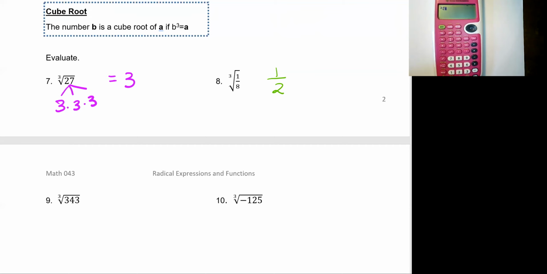It gets smaller. And then we'll type in 27 and press enter. So our answer is 3. Likewise, we can find the cubed root of 1/8. And the answer is 1/2.